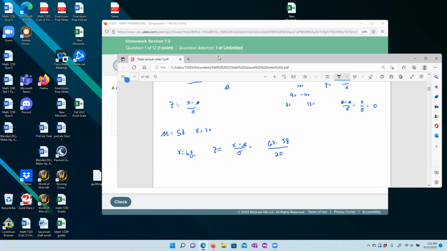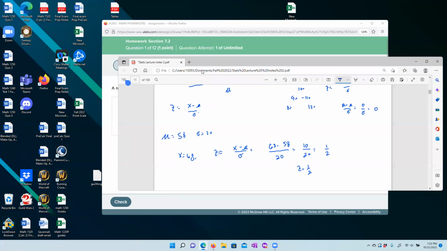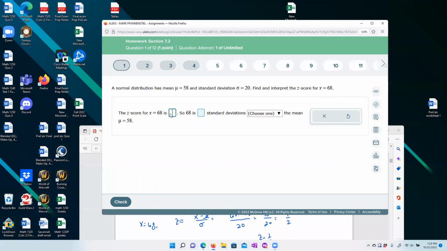68 minus 58 is just 10, right? Divided by 20, we cancel that, so we end up with 1/2. So we have a z-score of 1/2 for this particular measurement. We'll type that in: the z-score is 0.5, with the leading 0 just for best practices.